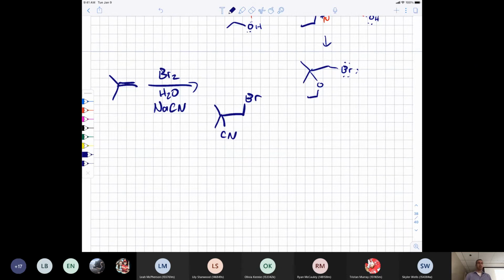In fact, this product wouldn't last very long, would it? Because this is a primary alkyl halide in the presence of a strong nucleophile, NaCN. It's going to react again. Give you something like that. There's an unusual product, eh?